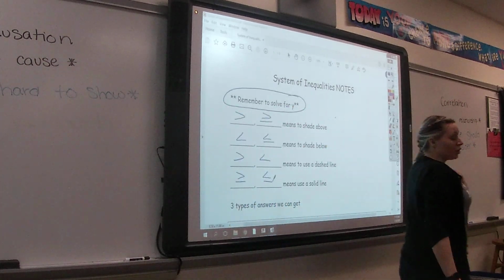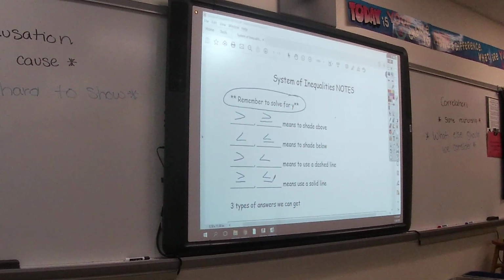And greater than or equal to and less than or equal to told us to use the solid line. And hopefully at this point, we all say, yeah, I don't really need that again, Mrs. McKinney, because hopefully we understand why we're doing what we're doing. Okay? So if we understand the why, it makes more sense of when we should use dashed or solid and so forth.